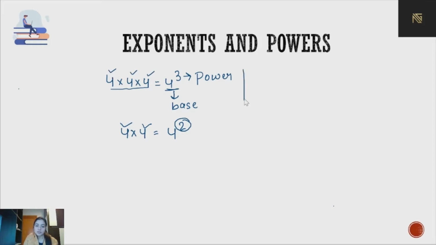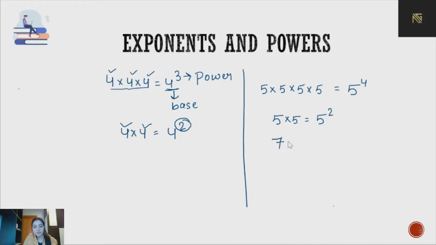In the same way, we can write 5 times 5 times 5 and one more 5 in exponential form as 5 to the power 4. Suppose we have 5 repeating itself 2 times, then we can represent it as 5 to the power 2.